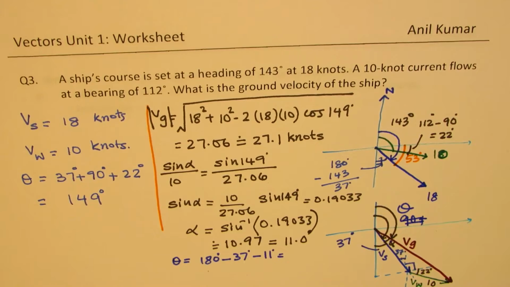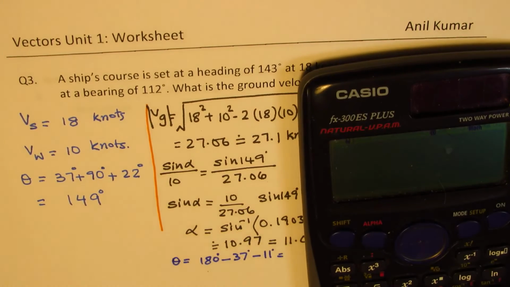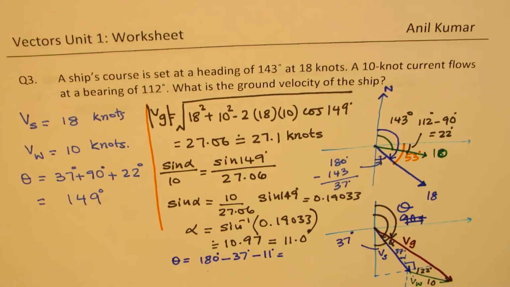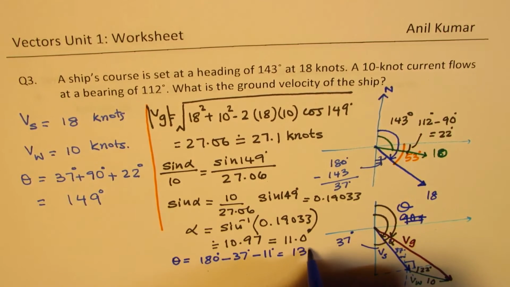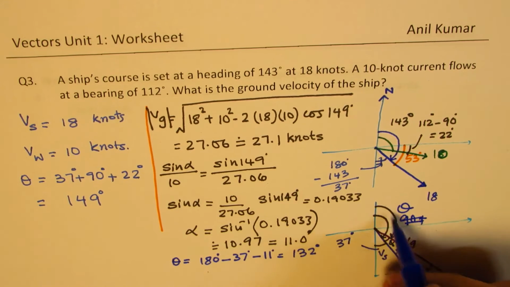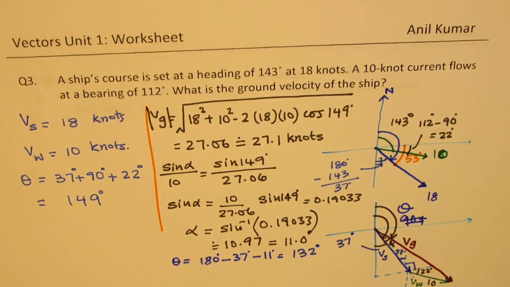Does make sense? This is simpler. So we have here 180 minus 37 minus 11, 132 degrees. That is good. Is that clear to you? So we added these two angles and took away from 180 degrees.